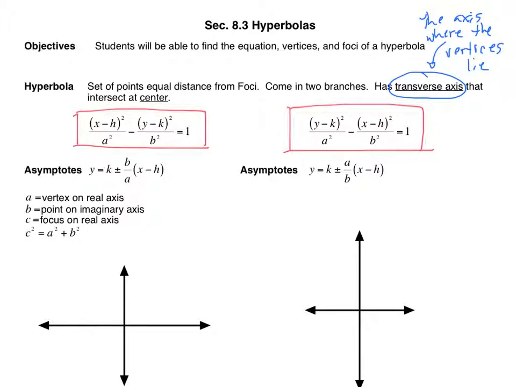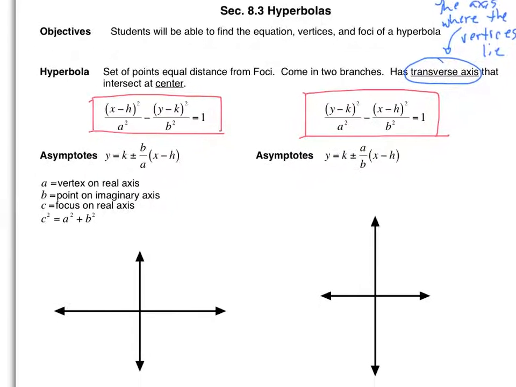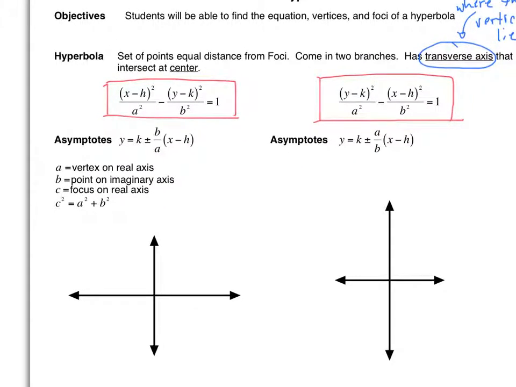And that's going to become important to you because it's vitally important that you understand where the vertices go. We're going to do a quick sketch of what a hyperbola looks like in a minute, and then we will do a real sketch shortly. So looking at the two formulas, whichever comes first tells you the direction of your transverse axis.